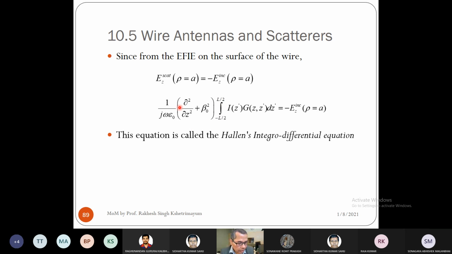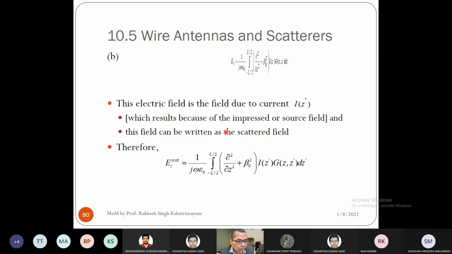In Pocklington's equation, you actually take this operator, which is outside the integration here, inside the integration, and it simplifies the analysis considerably.